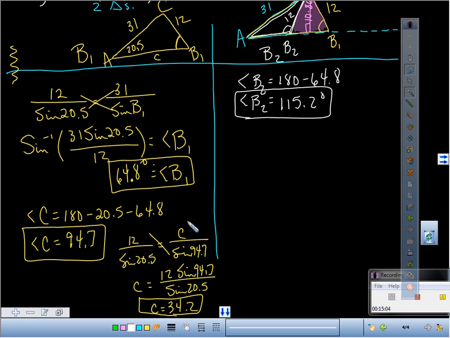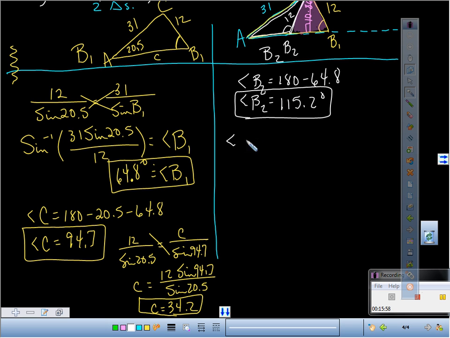Alright, everybody okay? Okay, so now we're going to do this one over here. Y'all, we're going to do the exact same thing. You're going to find angle C and then side C, just like you did over here, except we're going to use this as our angle. Alright? So, if angle A is 20.5, is that right? Yeah, 20.5. Angle B sub 2 is 115.2.